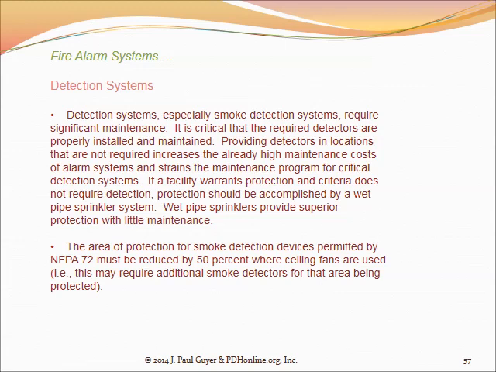If a facility warrants protection and criteria does not require detection, protection should be accomplished by a wet pipe sprinkler system. Wet pipe sprinklers provide excellent protection with little maintenance required.